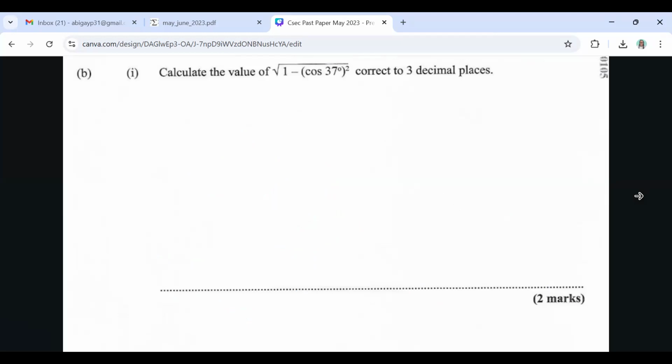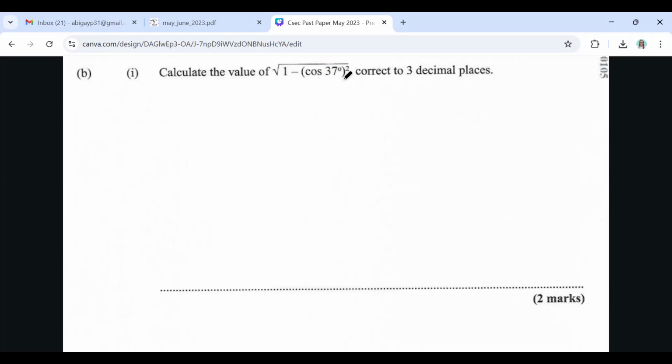So we're going to put that in our calculator. We put in the square root, then 2 brackets, 1 minus, and then a bracket again, because you realize right here it says square.